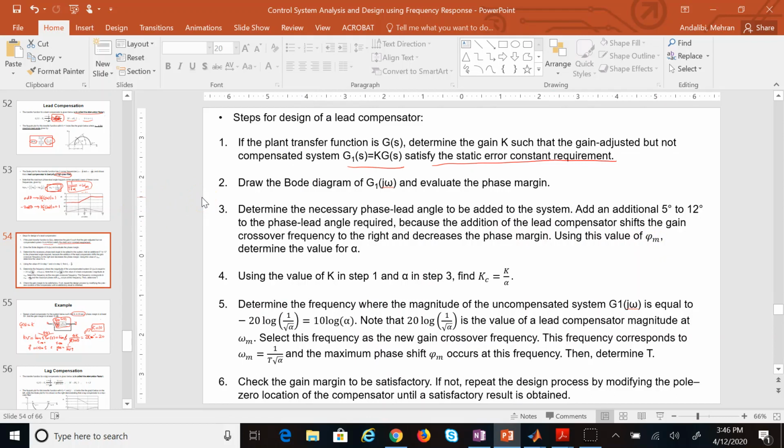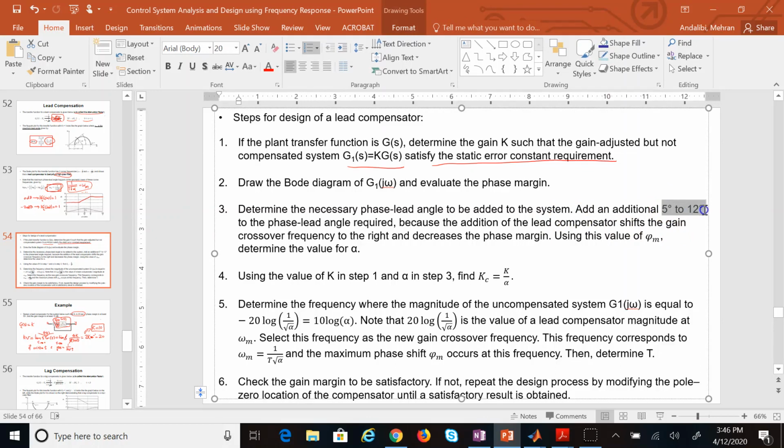Although I designed it for 50, but because the gain crossover frequency changes its location as a result of adding compensator, you're going to see that the phase margin of the system will go down to probably 45 degrees instead of 50. So it says add some 5 to 12 degrees on the top of what you need from your calculations to make sure that you get that 50 degrees that you want.